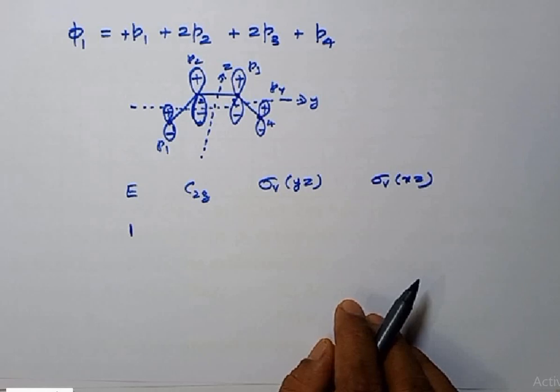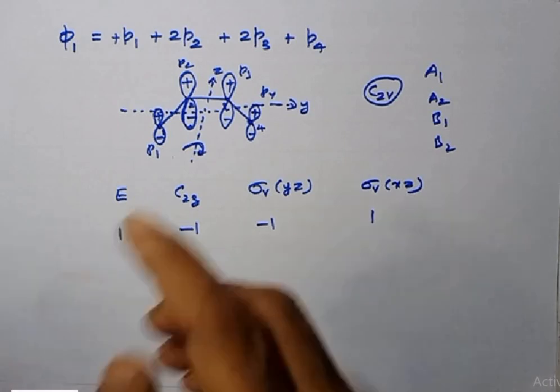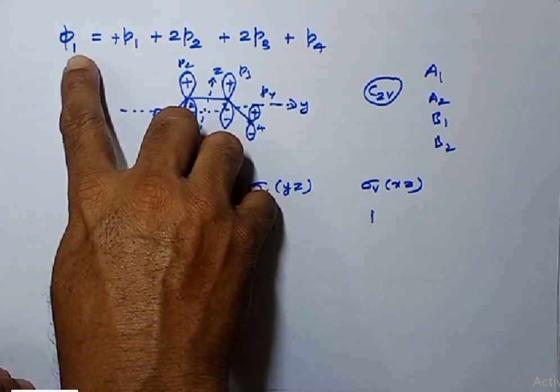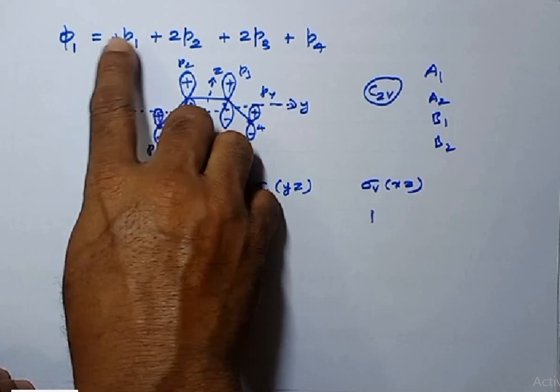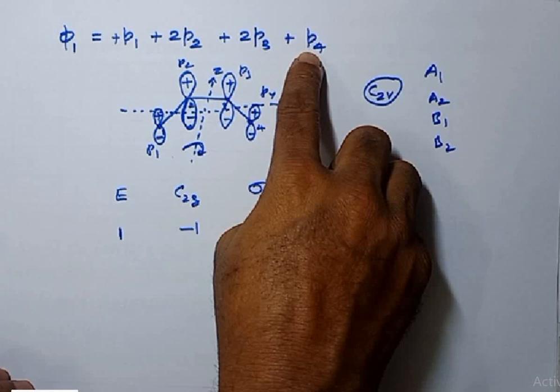Observe carefully. I took the first molecular orbital phi1, which is formed by the linear combination of the 4 p orbitals.